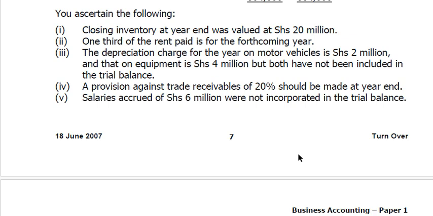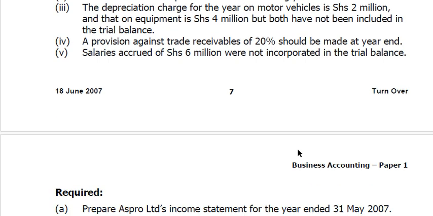The depreciation charge for the year on motor vehicles is shillings 2 millions, and that on equipment is shillings 4 millions, but both have not been included in the trial balance. Provision against the trade receivables of 20% should be made at the end of the year. Salaries accrued of shillings 6 million were not incorporated in the trial balance. So those are the end of year adjustments we have.